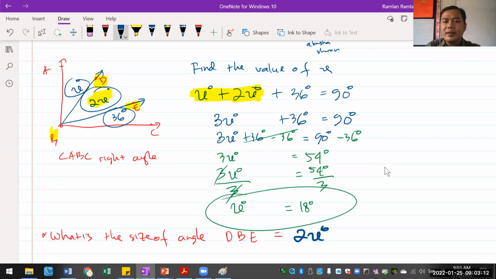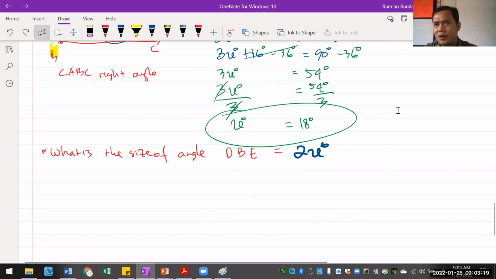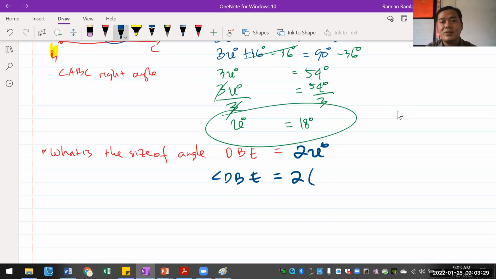And since we know that the value of x is 18, remember in semester 1, if we know the value of the variable, you can just substitute it for x. So the angle DBE will be equal to 2, and then change the x to 18. Remember that you need to use the bracket. So change the x, substitute.